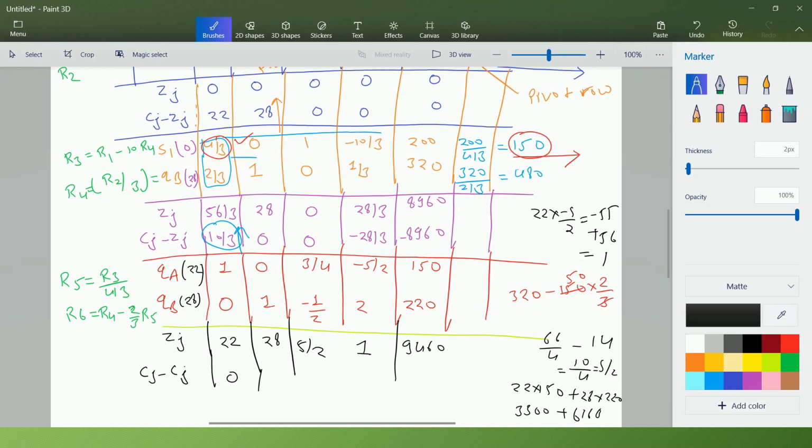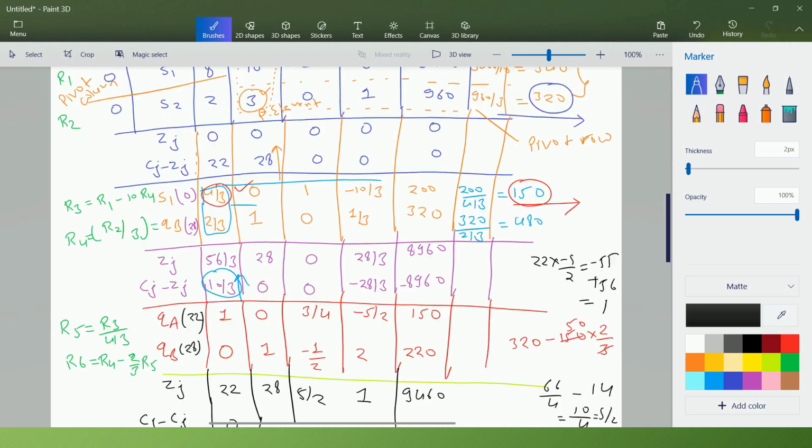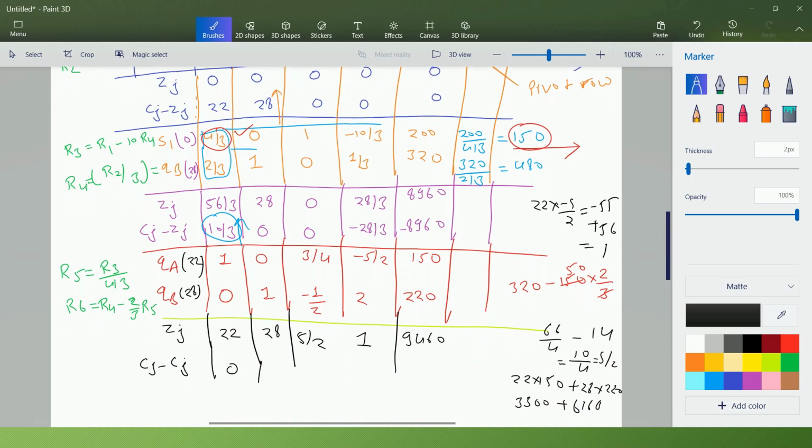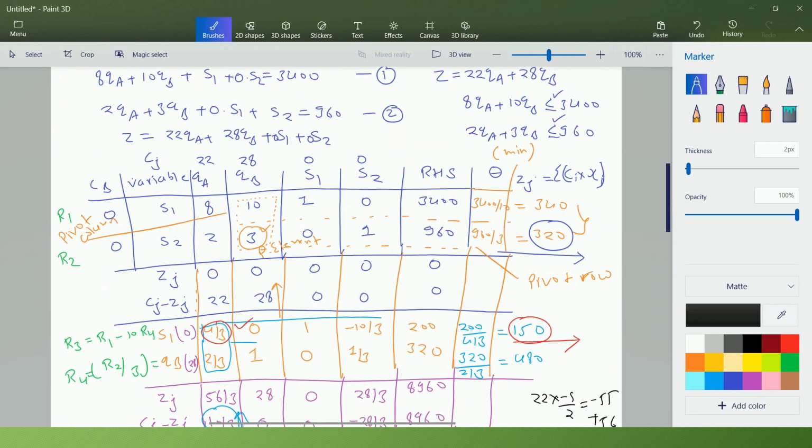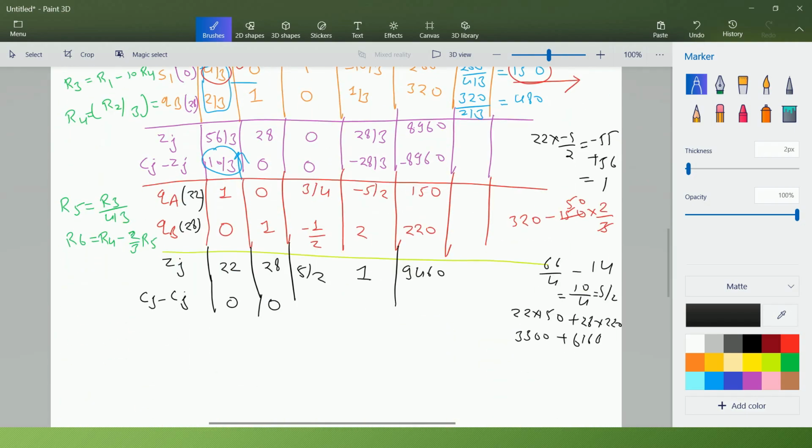Here Cj coefficient is 28, so I will get 0, and these are 0, 0, so I will get minus 5 by 2 minus 1, 9460, okay.